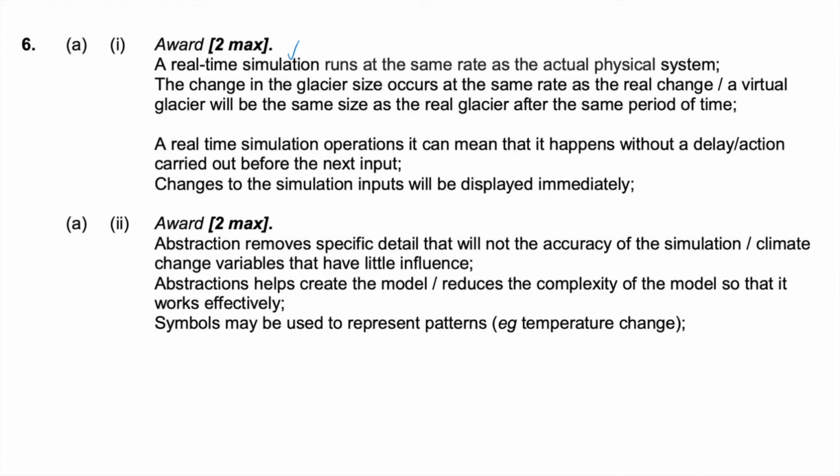So a virtual glacier will always mirror what's actually going on in real life, and then we can use that virtual glacier to then simulate some other changes, or vice versa. So that's essentially an example of how we would model a physical system in real time. And presumably we'd have some technical equipment collecting data on that glacier size to then be input into our simulation.